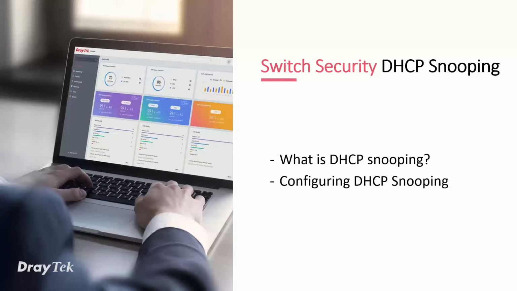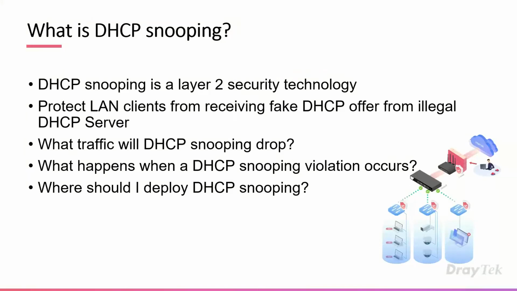And now let's move to DHCP Snooping. This is a very important topic. I will tell you later why. But let's quickly have a look at what Dynamic Host Configuration Protocol snooping is. It's basically a layer 2 security technology built into the operating system of a capable network switch that drops DHCP traffic determined to be unacceptable.